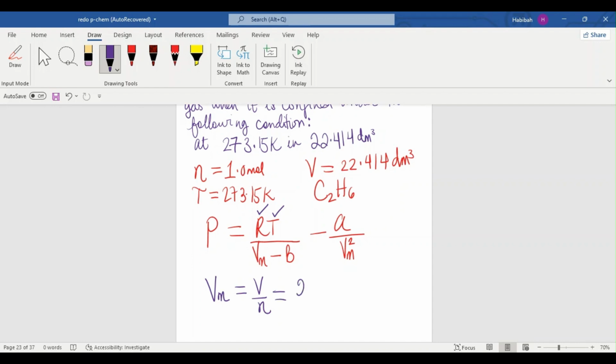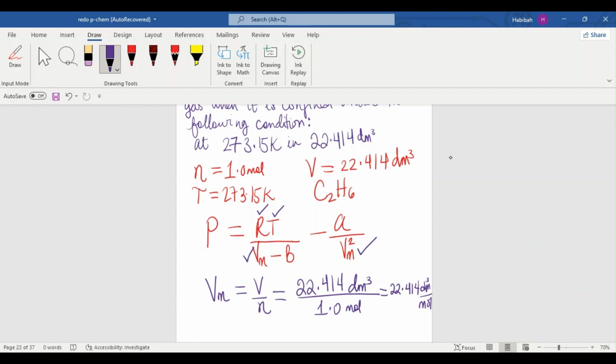We're given the volume to be 22.414 dm cubed divided by the number of moles, which is simply 1.0 mole. So what you end up with is 22.414 dm cube per mole. So now we have the value for Vm, and of course Vm squared.